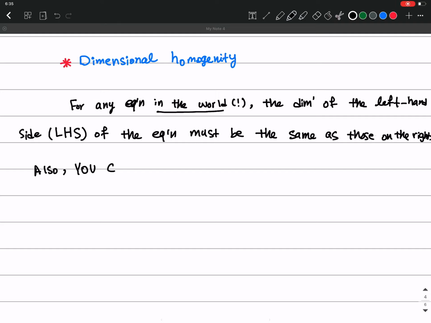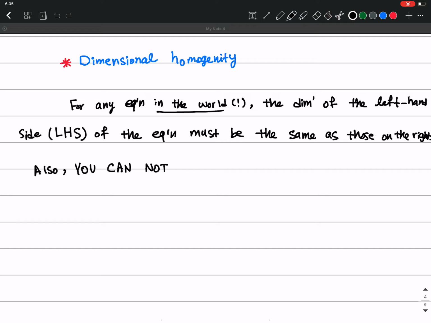Also, for example, this is very important for dimensional homogeneity. You cannot add two parameters together or subtract them. Just adding or subtracting two variables that have different dimensions, you cannot do that.